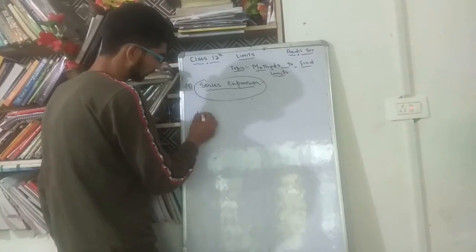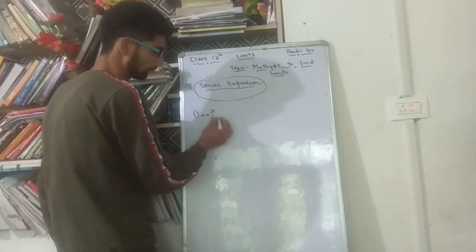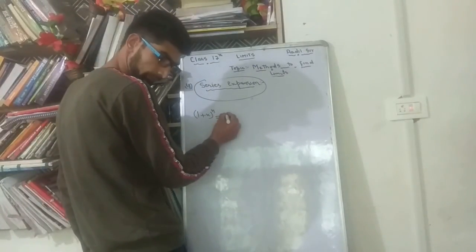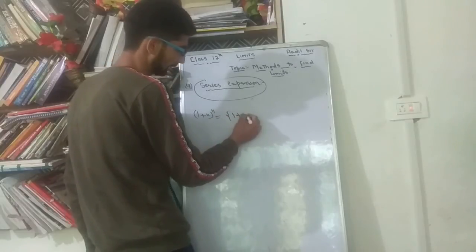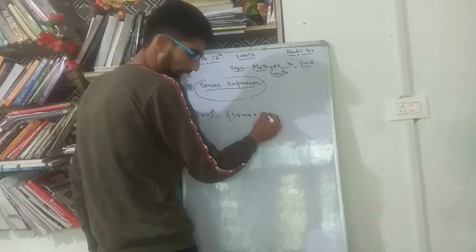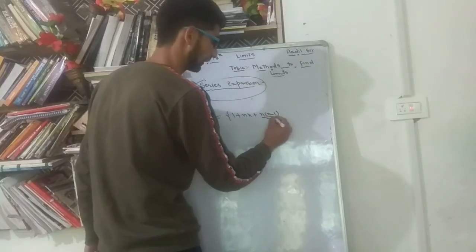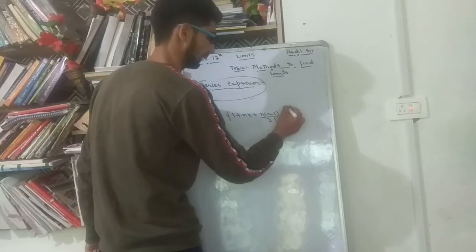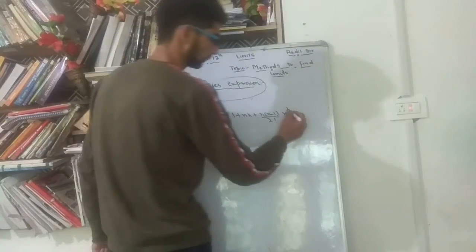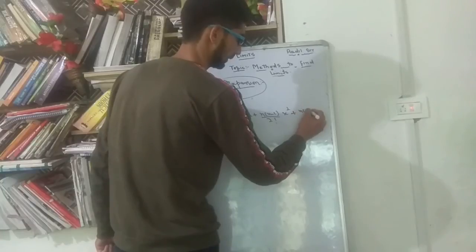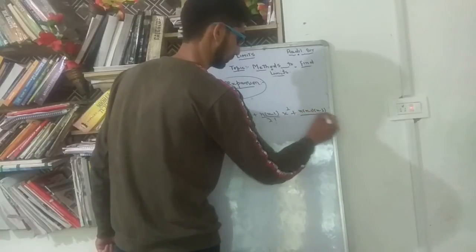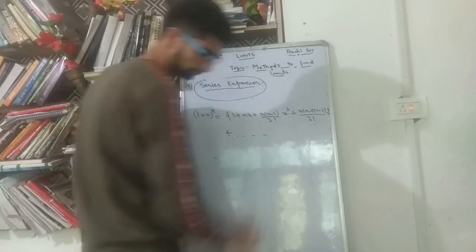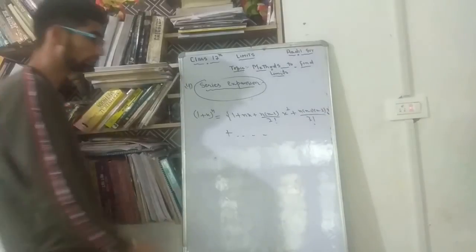If we have a function 1 plus x raised to n, we know by the binomial theorem that this is equal to 1 plus nx plus n into n minus 1 divided by 2 factorial x square plus n into n minus 1 into n minus 2 divided by 3 factorial x cube plus so on up to infinity.